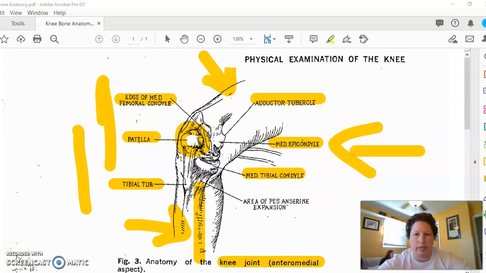To review again, with the knee from the medial side, that's the first figure, you have the medial condyle and the medial epicondyle, both on the femur. You also have the adductor tubercle, which is on the inside. The front of the knee is the patella, followed by the tibial tubercle right below it.